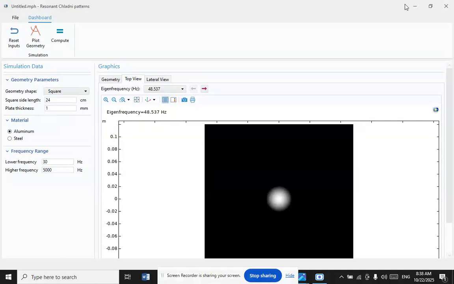When this happens, the object or system absorbs energy from the external force and starts vibrating with a larger amplitude. Resonance can happen in various systems such as mechanical, electrical, or acoustic systems, and it is often desirable in certain applications such as musical instruments and radio receivers.